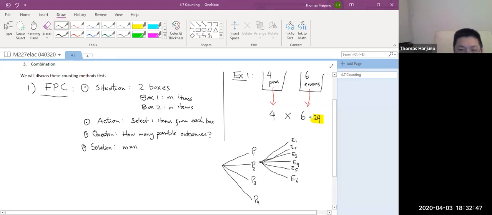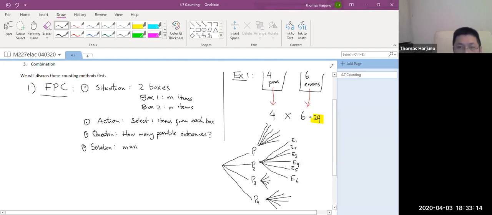Now imagine if I copy paste this to all pen choices. Like for pen 1, I have 6 choices. For pen 3, I also have 6 choices. And for pen 4, I also have 6 choices.